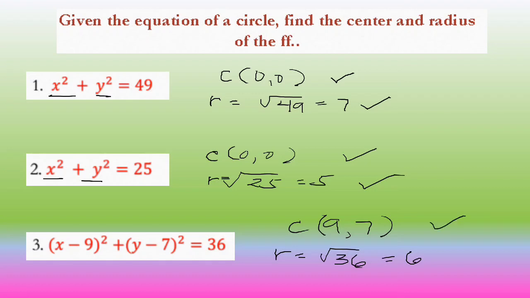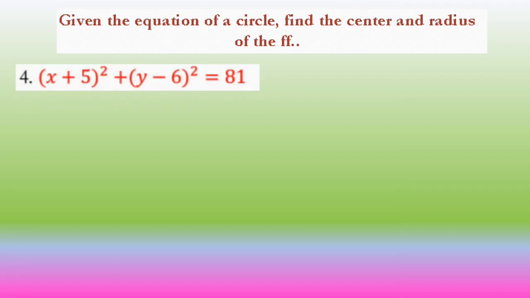So here we have the center and the radius of the circle. For our fourth example, again, the center is the opposite of the signs from the given. We have negative 5, 6. And of course, the radius is equal to square root of 81, that is equal to 9.